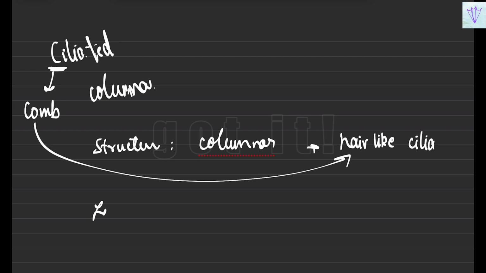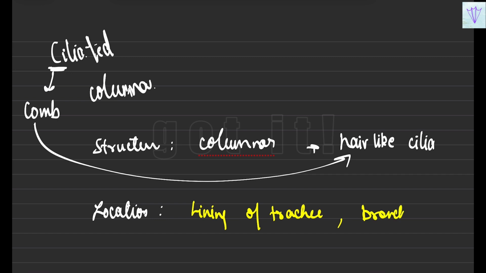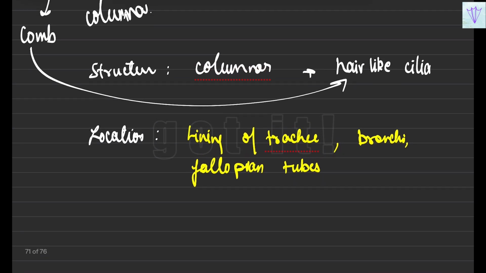And the location where we can find these is in the lining of trachea, bronchi, and also in the fallopian tubes. Now, speaking of the function, what is the function for this?